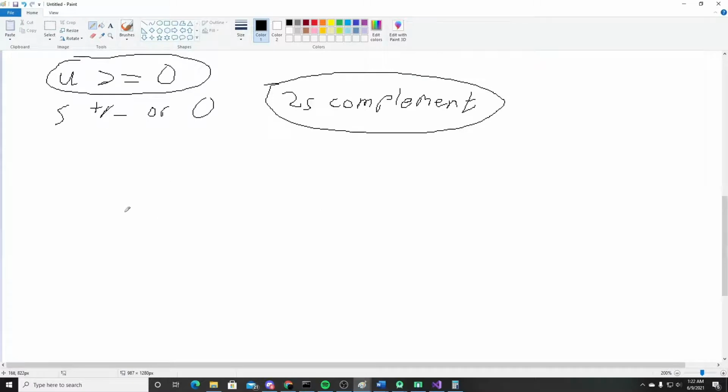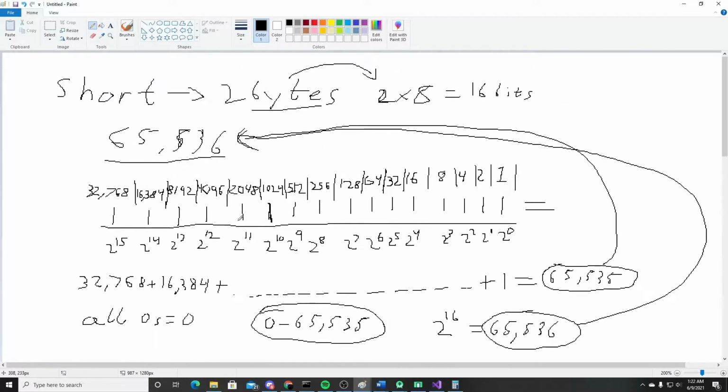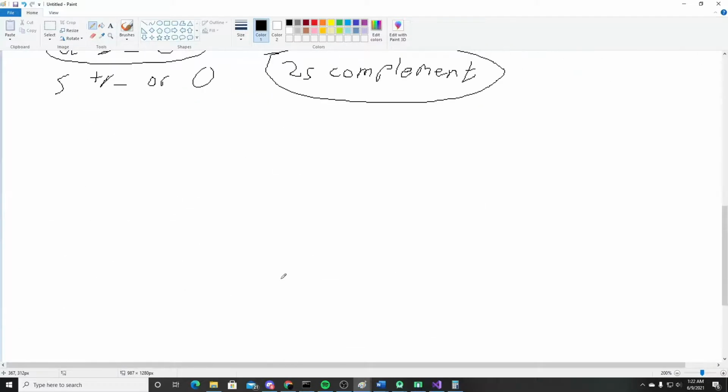So if we pretended like we had a data type, so for example, our short data type was 16 bits. Let's pretend that we have a data type that's just made of 4 bits. We have 0, 0, 0, 0. This would technically be 1 nibble too, but just 4 bits is all we have.